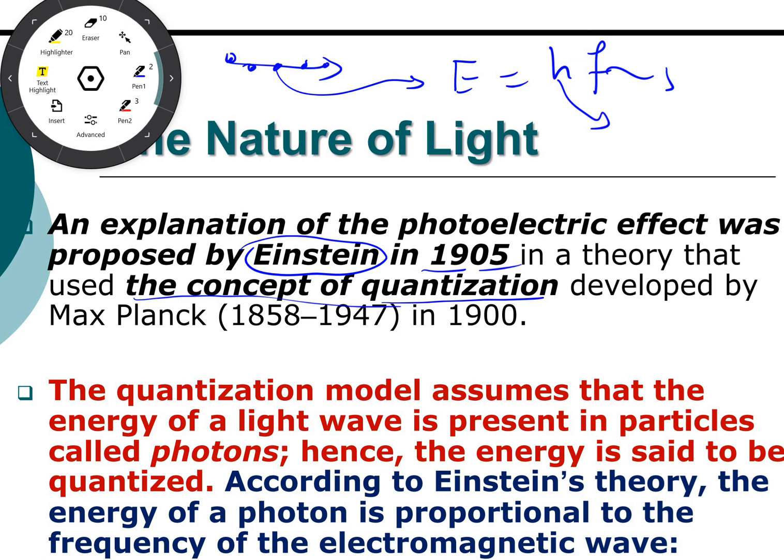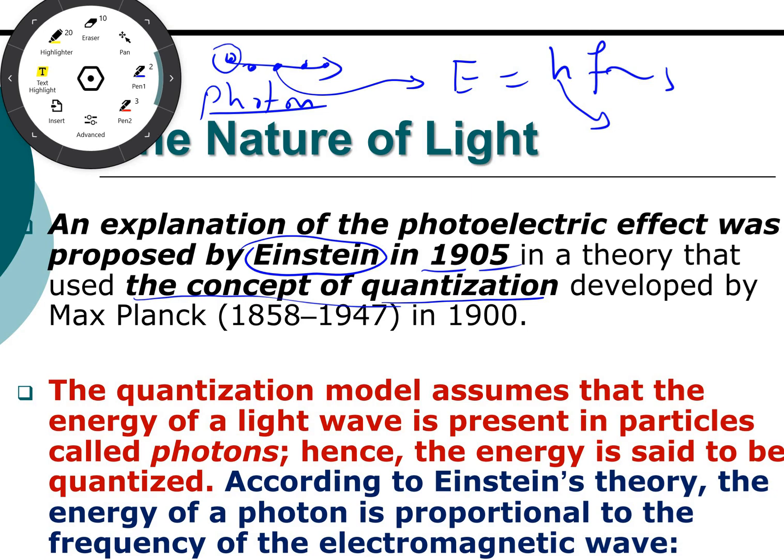And he gave a name to this quantum of energy, and he called it a photon. So he didn't use explicitly the concept of a particle, because he would like to make a new theory.